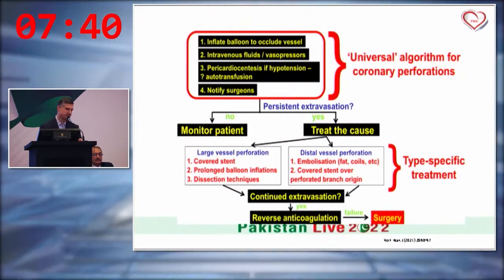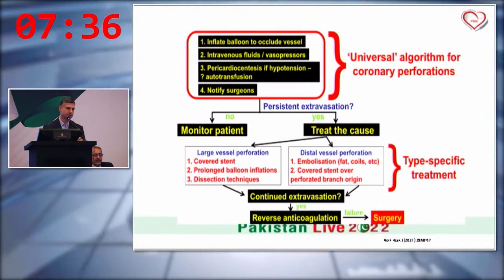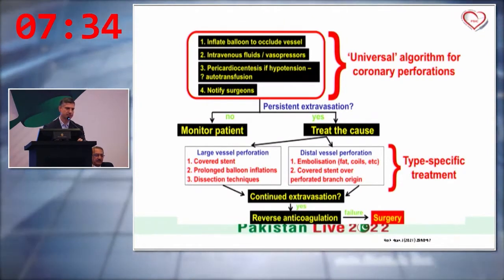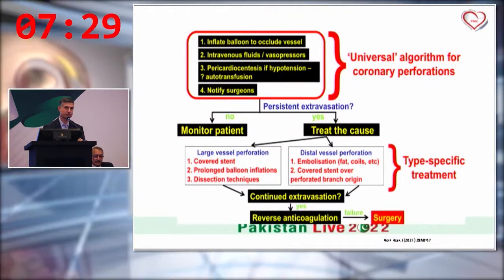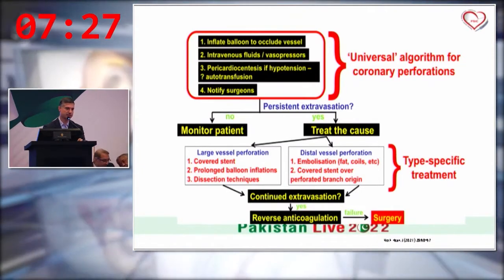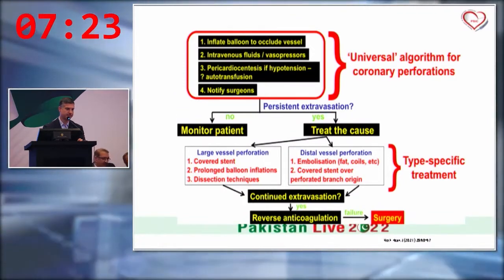Prolonged balloon inflation, intravenous fluids, pericardiocentesis, and notification of the surgeons are important for urgent management in some cases.